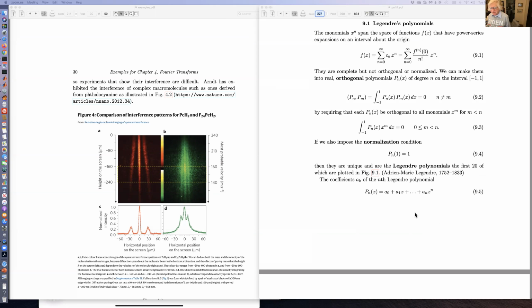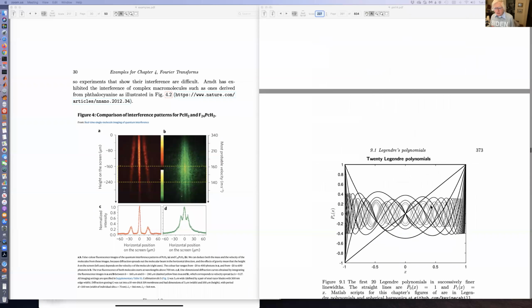And so what Legendre did was to insist that the polynomials be orthogonal and be normalized. And the cute way of making them orthogonal is to say that the polynomial of order n, in other words, the highest power of x is x to the n, should integrate to 0 when multiplied by x to the m if m is less than n.